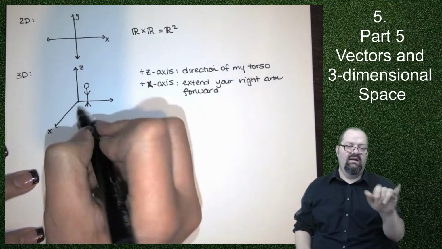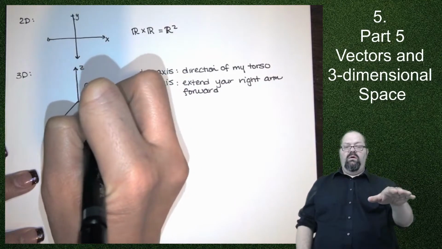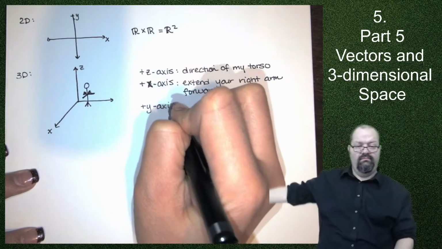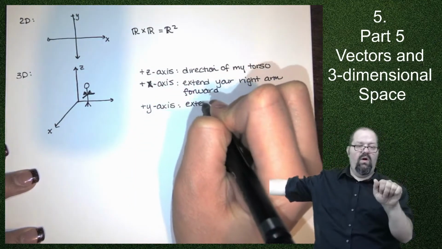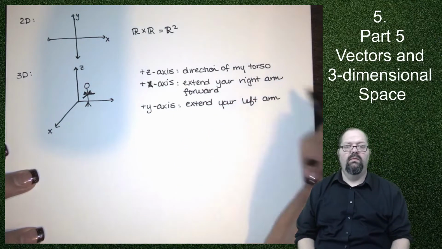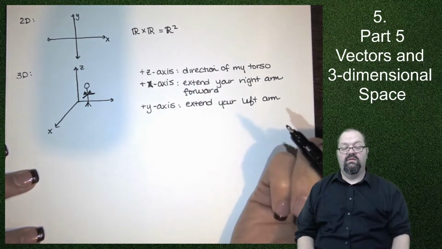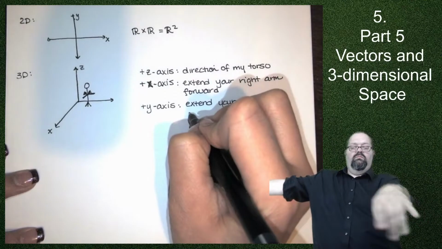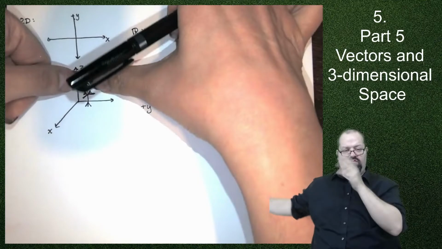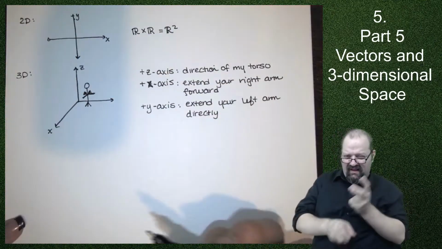And if you extend your left arm going to your left, your left arm is at a 90-degree angle from your right arm. You're going directly to the left. See, sorry, those are not arms. That's an arm and that's an arm. That's what I'm trying to show you.